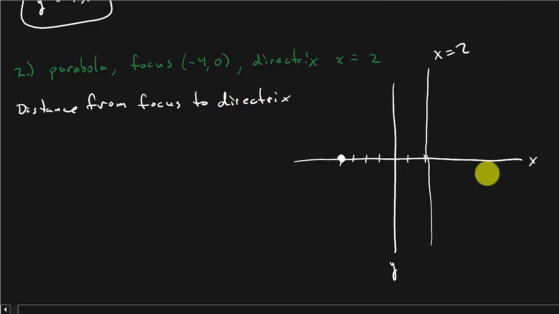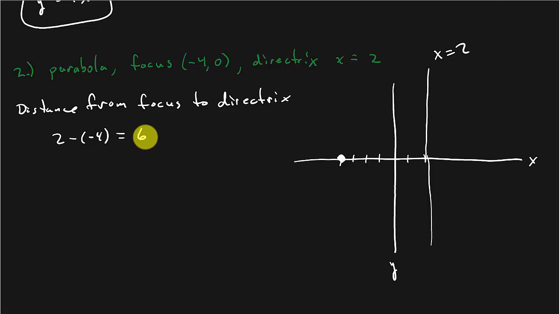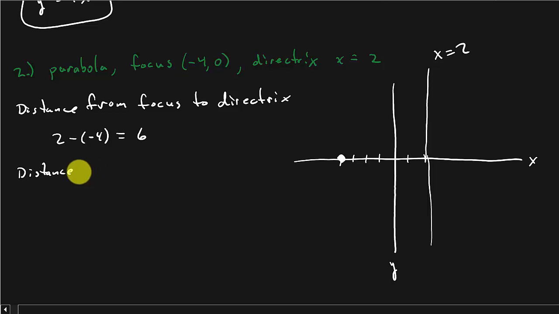We know how to find the distance between 2 points, don't we? That's 2 minus -4, isn't it? So that's 6, the distance from the focus to the directrix. So the distance from focus to vertex is going to be half of that 6, right? Which is 3. So I'm going to go over 1, 2, 3.